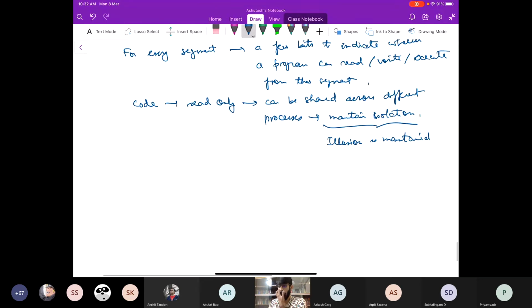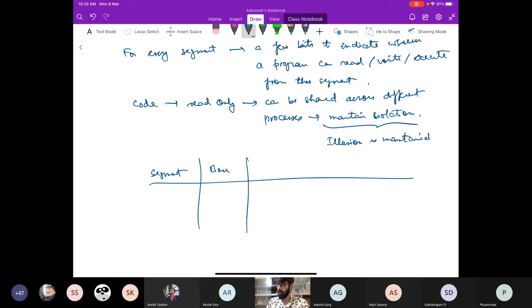Okay, good. So now the hardware tracks something more. For each segment there is base, there is size, again max 4K, there is grows positive, and then there is protection.